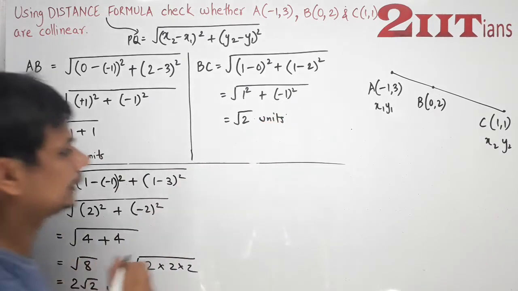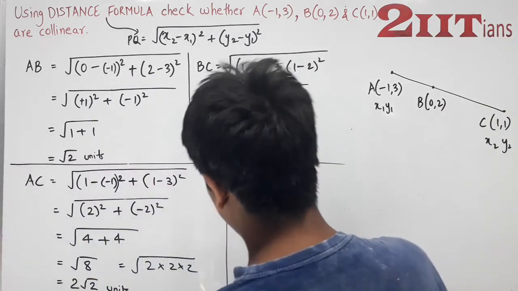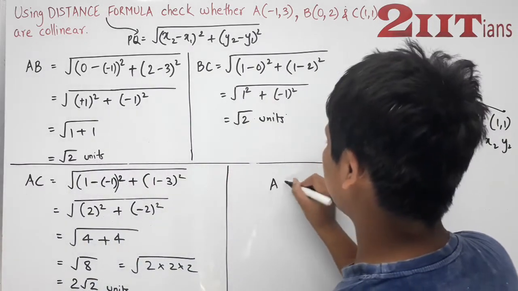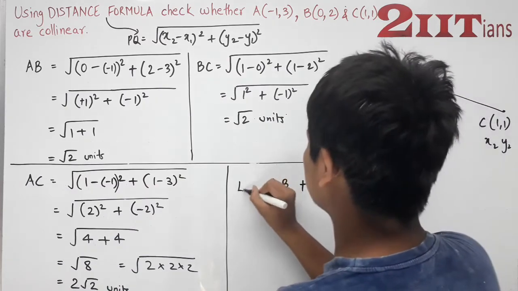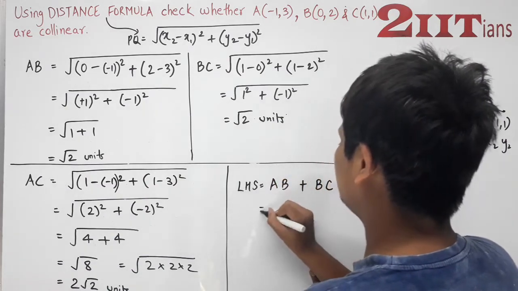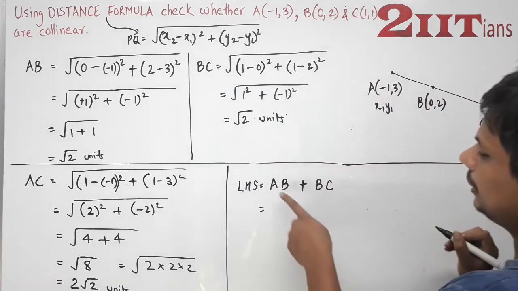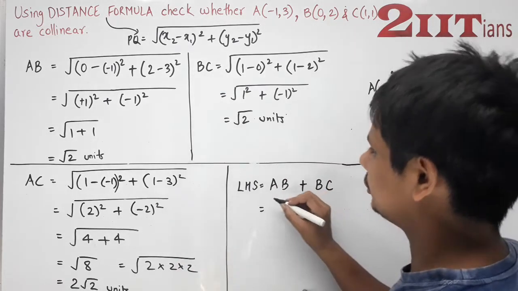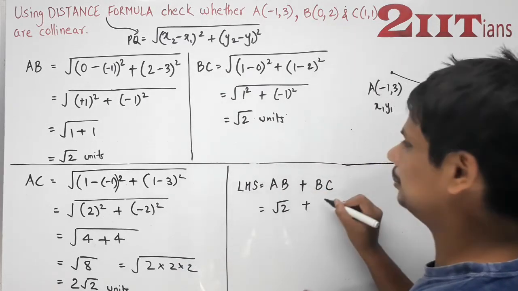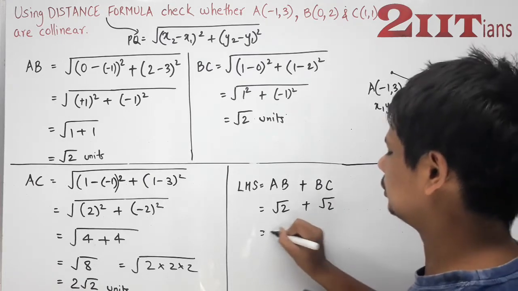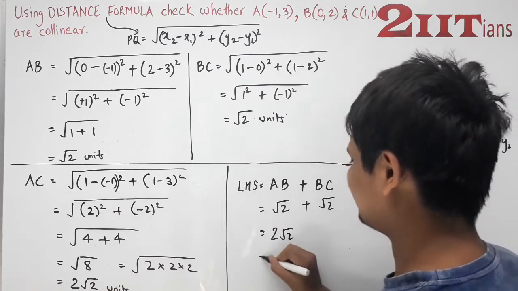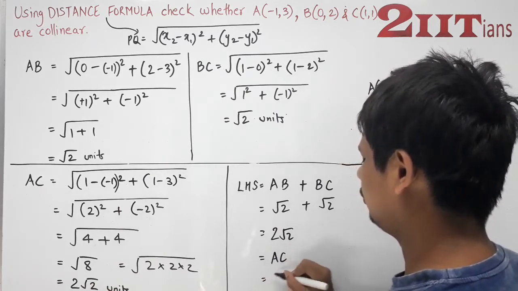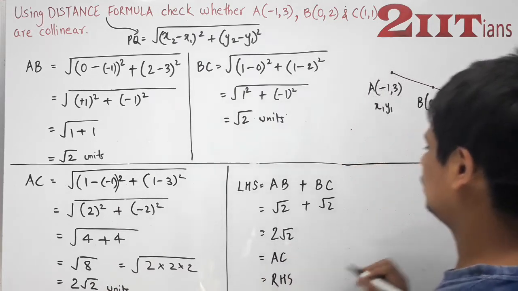Hence we can say that LHS is equal to AB plus BC. AB is root 2, BC is root 2, this is 2 root 2, and 2 root 2 is equal to AC. So RHS.